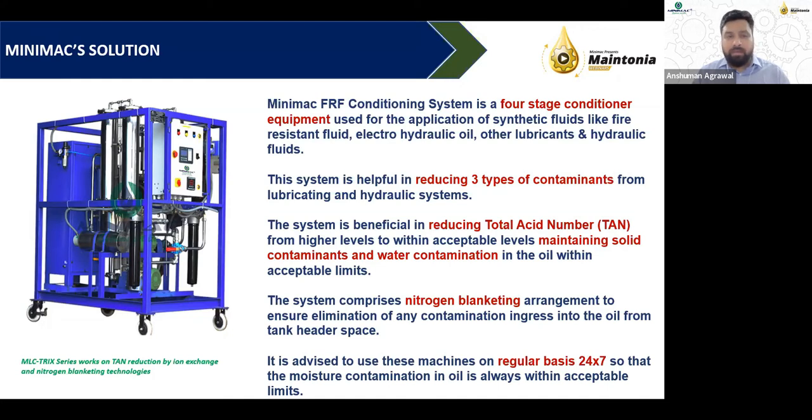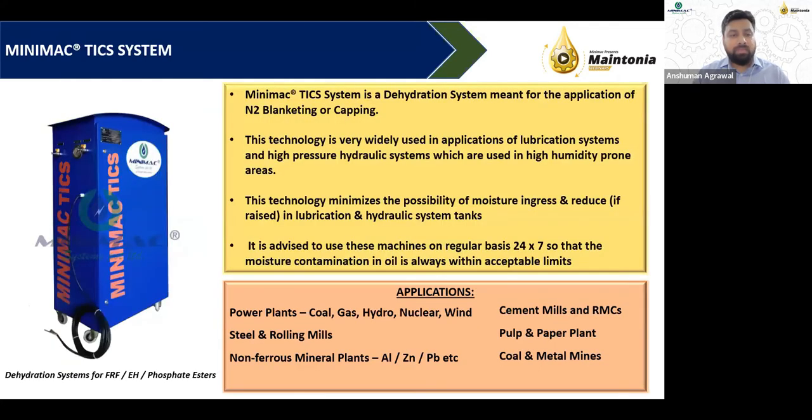So we firmly believe prevention is better than cure, and that's very applicable to your fire resistant fluid contamination control. So this is the system which we were talking about, and this is the blanketing system. It has multiple stages in it, and those ensure that you have a smooth, dry, and oxygen-free supply of nitrogen or dry inert gas into the headspace of your systems.